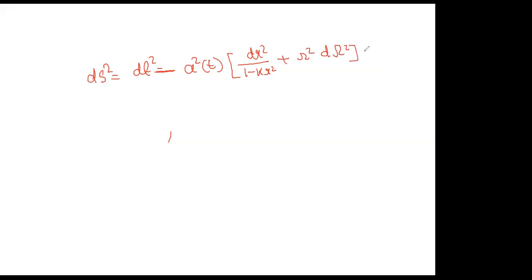Okay, so let's now try to write down Einstein's equation. My geometry is given by ds squared equals dt squared minus a squared times dr squared over 1 minus k r squared plus r squared d omega squared. And I have to write down the equation G mu nu equal to 8 pi G times the constant T mu nu.